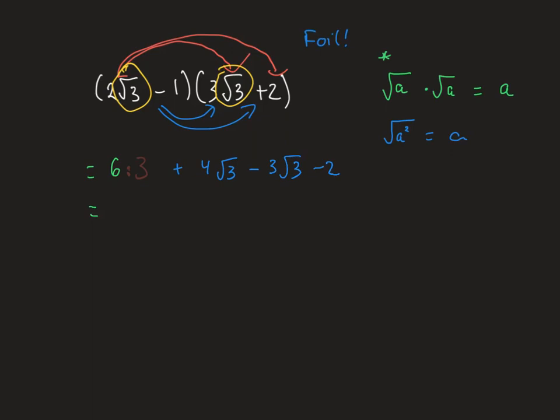Oh, simplify this first, so you're going to get 18 plus root 3, so you have these ones, minus 2, which is going to give you 16 plus root 3. Okay?